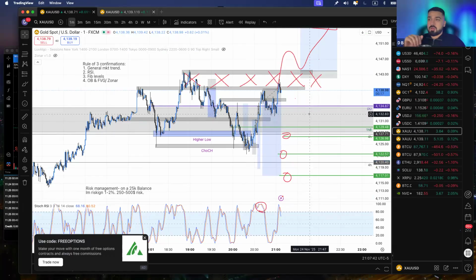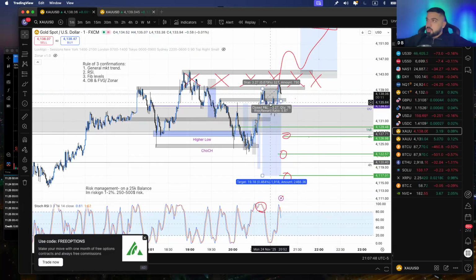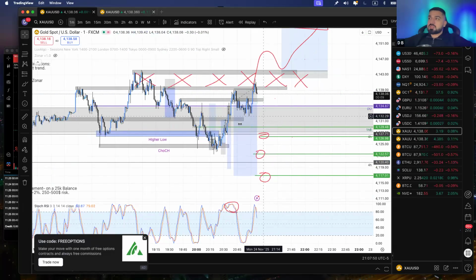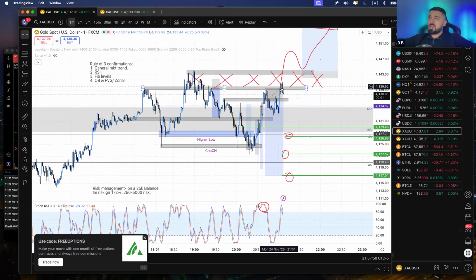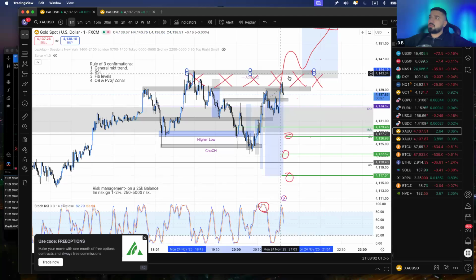So I did not over leverage, I did not go crazy, I did not lose multiple grand trying to go short. All I did was simply distribute my risk across multiple entries, and if that did not work out, that's fine. We'll get the opportunity next time, right? Again, watch out. It's possible that it will go lower from here unless we break the highs, right?